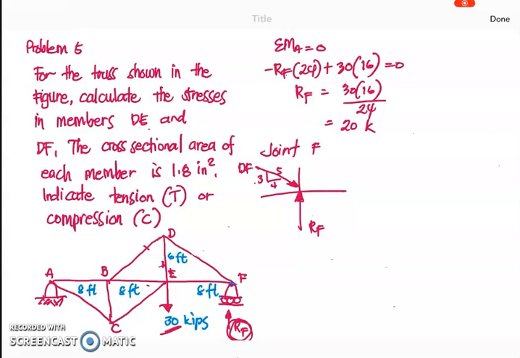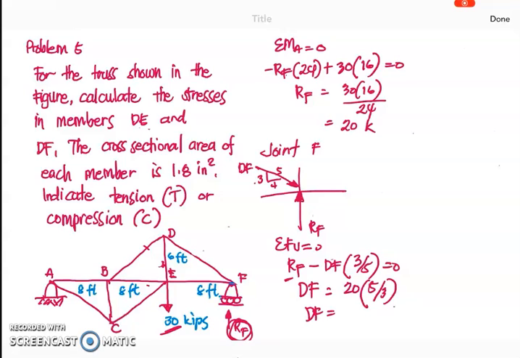The summation of forces vertical equal to 0, so you have R sub F minus the downward vertical component of DF, DF multiplied by the slope 3 over 5, equal to 0. Therefore DF is equal to, substituting the value of R sub F, which is 20, times 5 over 3. This gives us the value of DF, which is 33.33 kips.